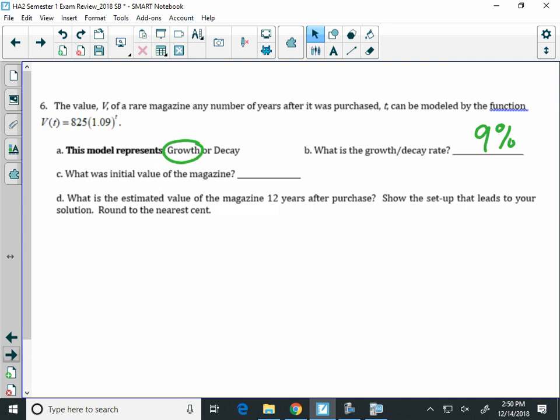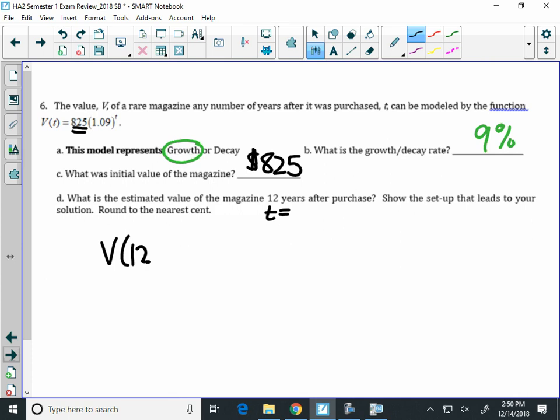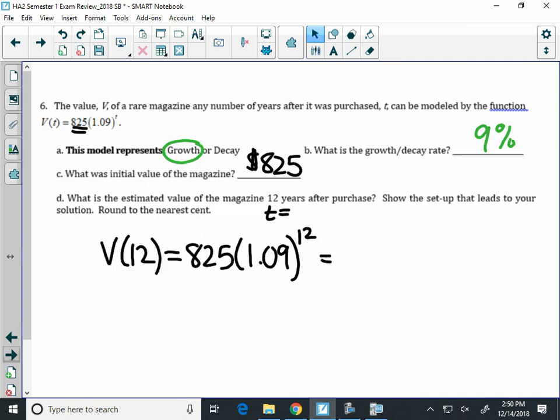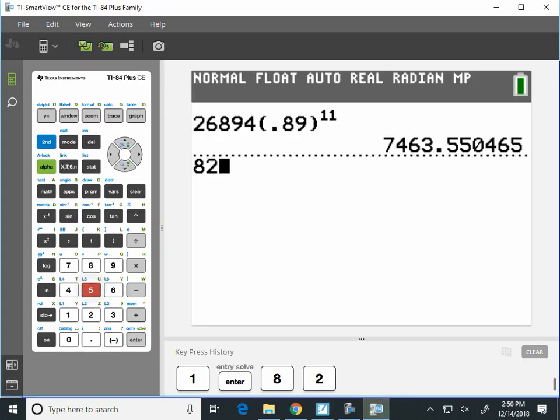The magazine started, that's your starting amount right here, at a cost of $825. And we want to know its value 12 years after purchase. That's what you're going to let the time equal. So for the value of this magazine in 12 years, you're going to put 12 in for the exponent and type that into your calculator.